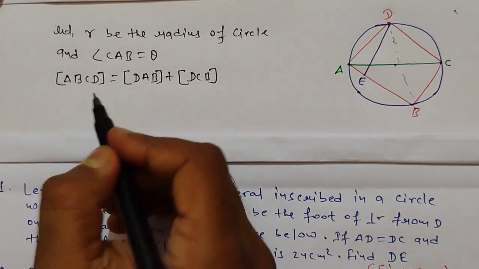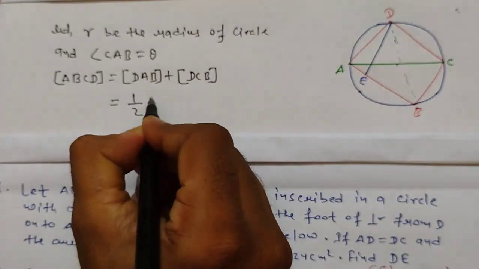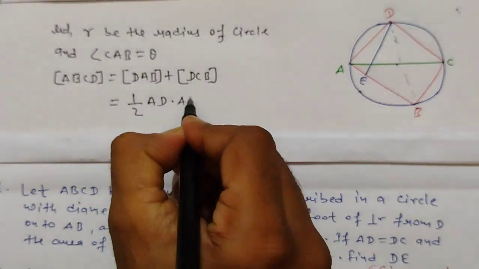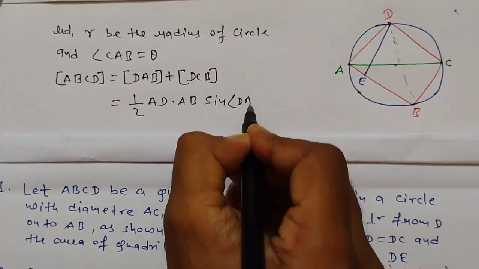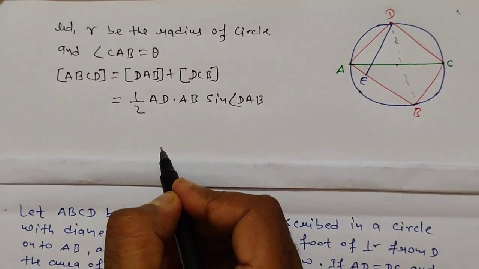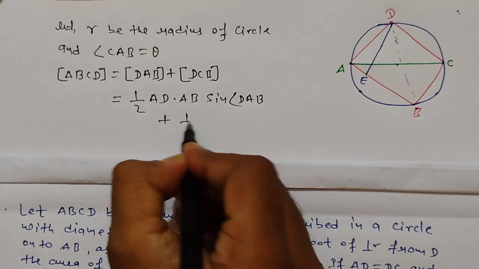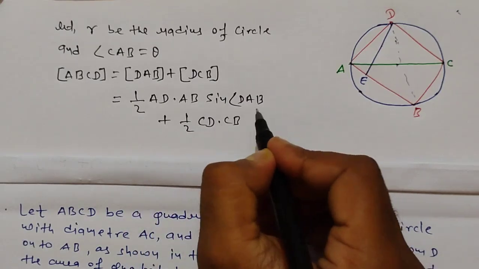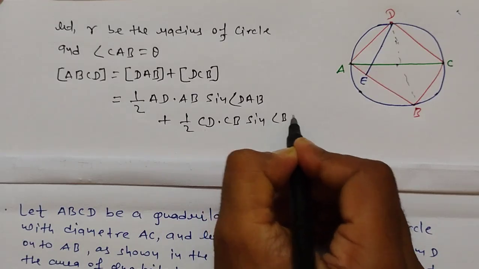So now this is equal to half of, we are using the sine rule for finding the area, AD AB sine angle DAB, and also plus half CD into CB sine angle BCD.